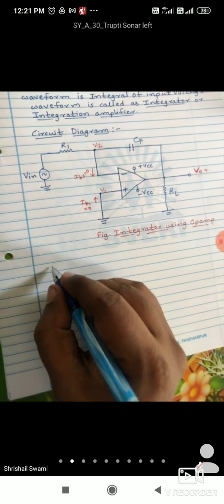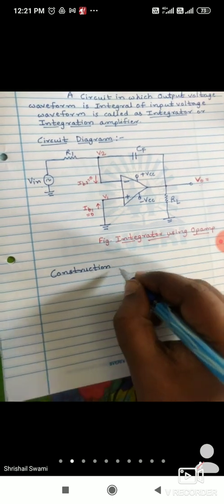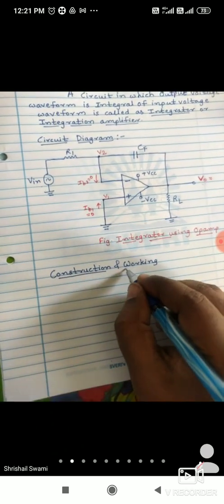Now first of all we describe the construction, and then we start the working. So construction and working we can simultaneously try to understand, which means the description and derivation will come here.